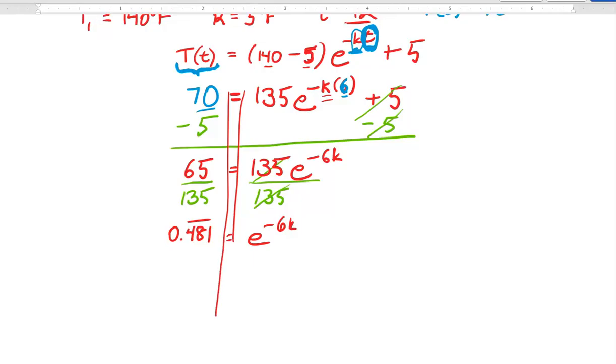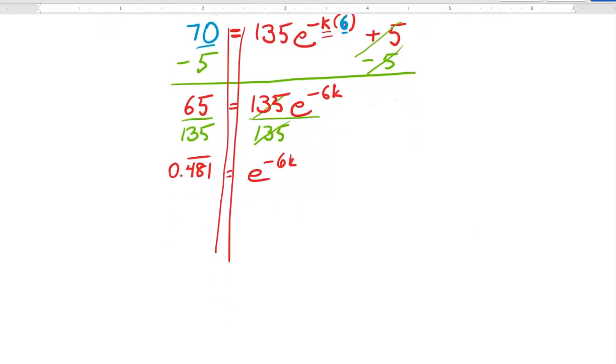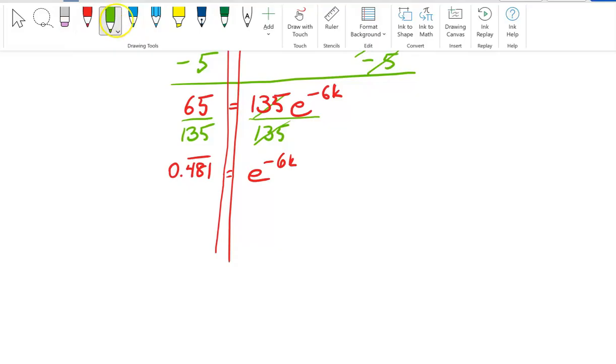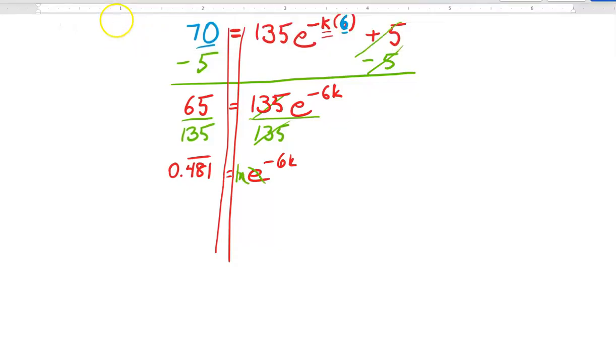Okay, now I've got a few more steps yet to go. Hopefully you're anticipating my next step, and that is cancel out the e with the natural log. So I'm going to do natural log of that number. Natural log of that answer is what?